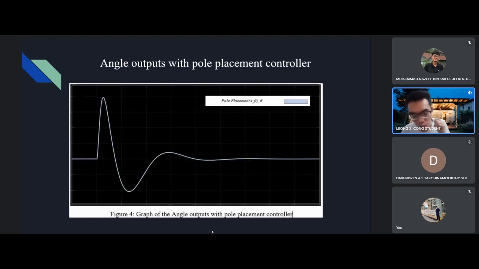Why we just now said it can make the system stable is because, as an inverted pendulum system, our main focus is on the angle.